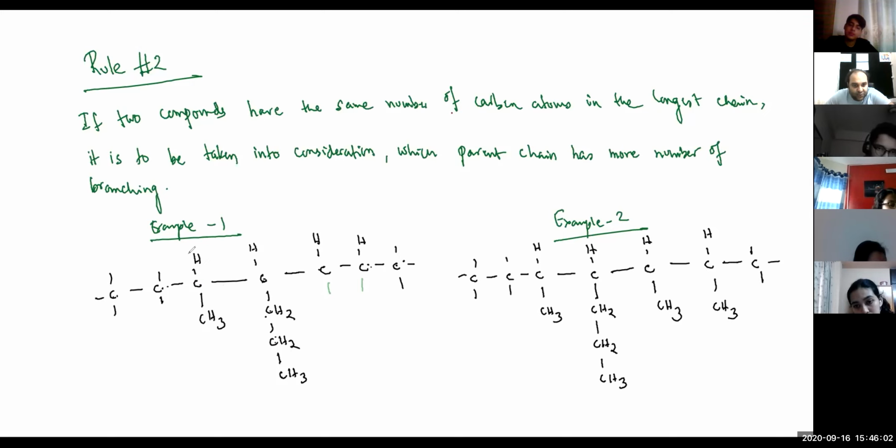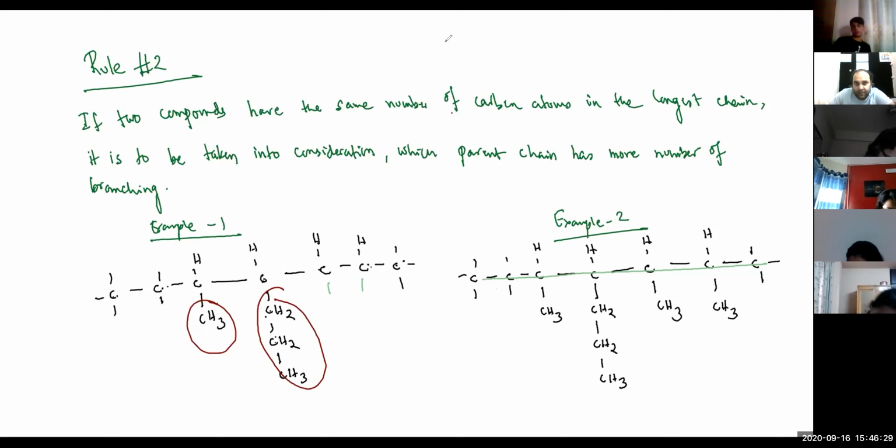So if we take 7 as the longest chain, how many side chains do they have here? 1, 2, right? Yes, let's see this again. 1, 2, 3, 4, 5, 6, 7. Okay, 7.